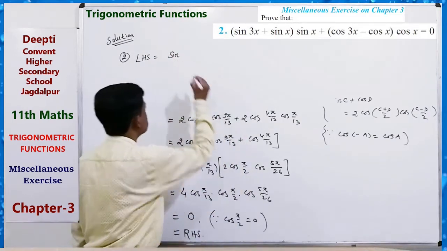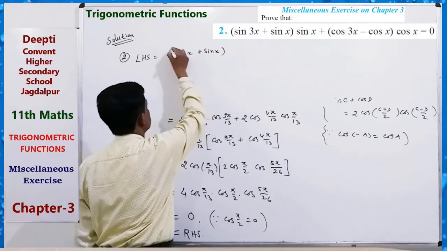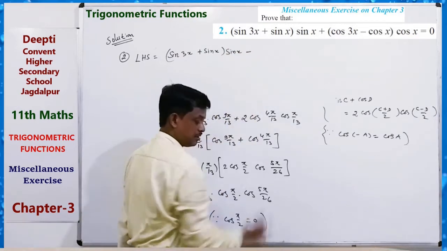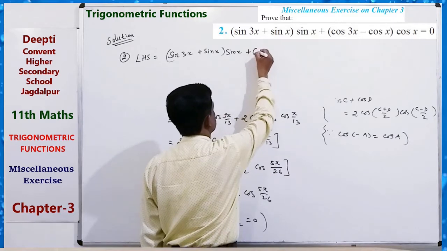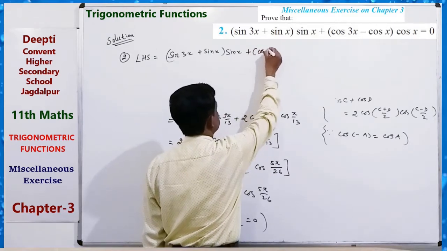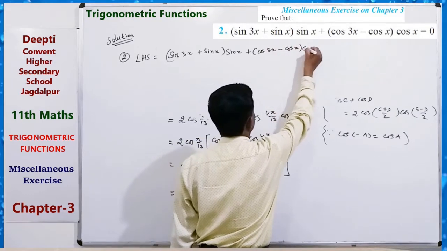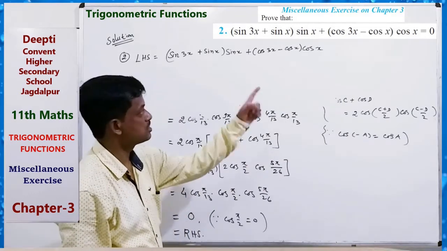Sin 3x plus sin x into sin x plus cos 3x minus cos x into cos x. This is the left hand side of question second.